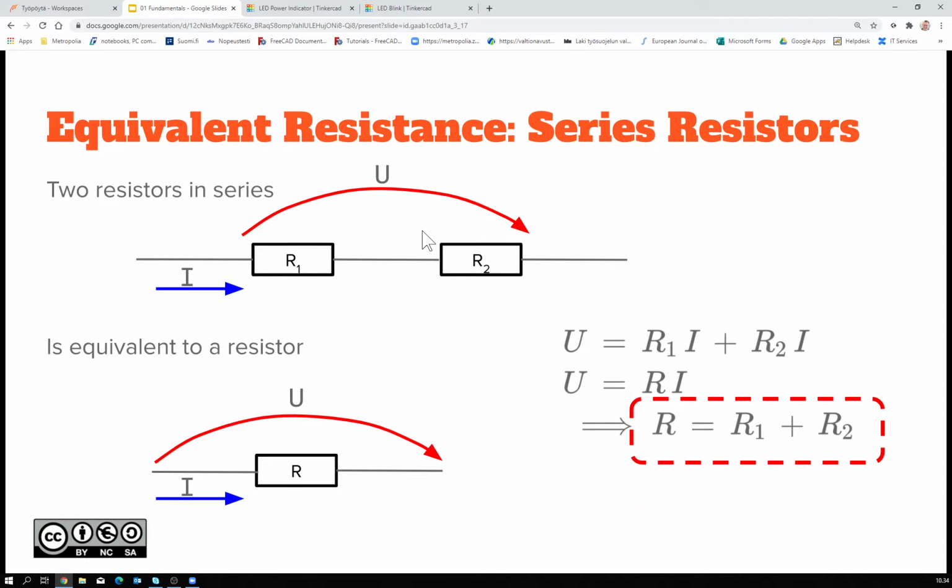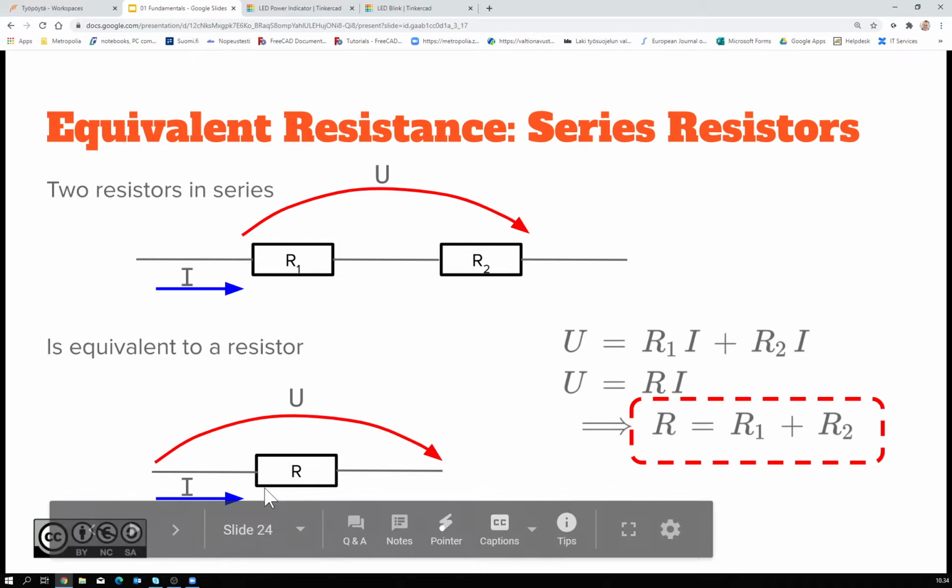And the total voltage is the sum of those. If we have an equivalent resistor R, a single resistor, then that resistance would be R1 plus R2.